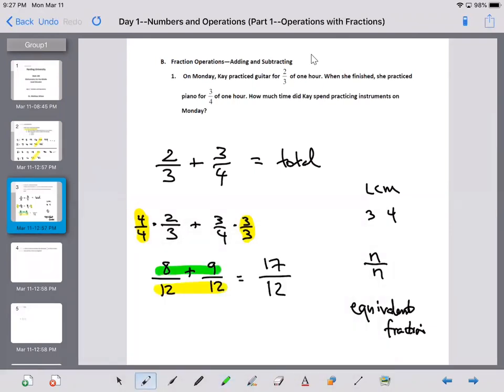So I would take 17/12 as an answer, 17/12 of an hour, or we can change it into a mixed number and just divide, and we would see we'd have 1 and 5/12, so just a shade under 1.5 hours.